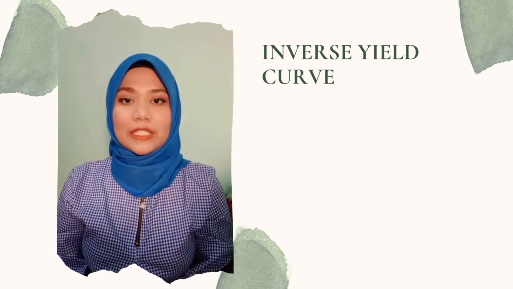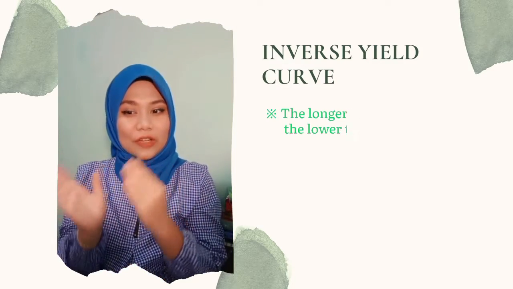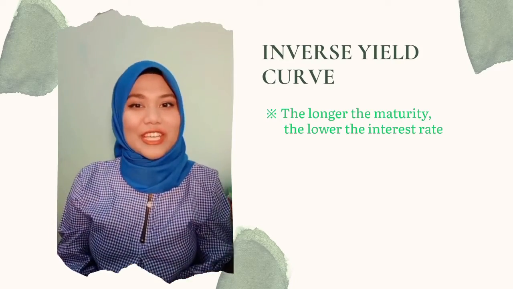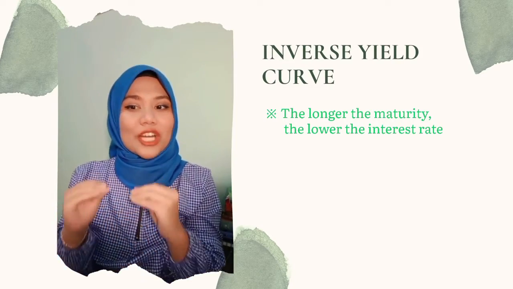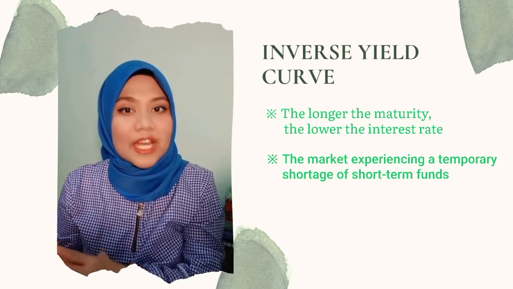Okay, the next yield curve will be explained by Islin, which is the inverted, the downward sloping yield curve. So we move on to the inverted yield curve. The situation can sometimes be reversed, as the longer the maturity, the lower the interest rate. The scenario can be seen when the market is experiencing a temporary shortage of short-term funds.